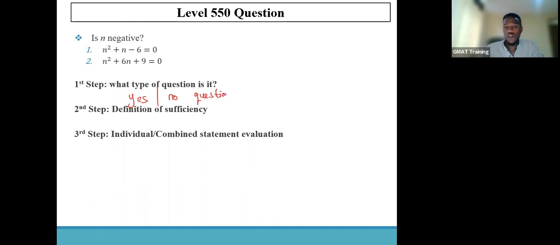Then once you've identified that this is a yes or no question, you need to identify sufficiency. What would make a particular statement sufficient?